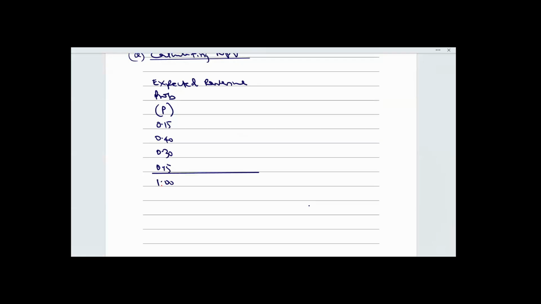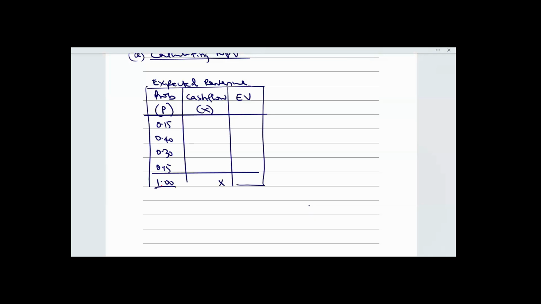Here is 1. Then, of course, after probability, we have cash flow, which is your revenue, denoted as X. Then you calculate expected value. So this will give us expected revenue, right?